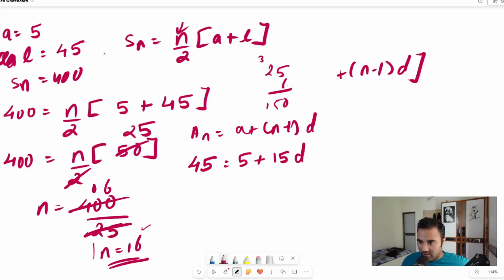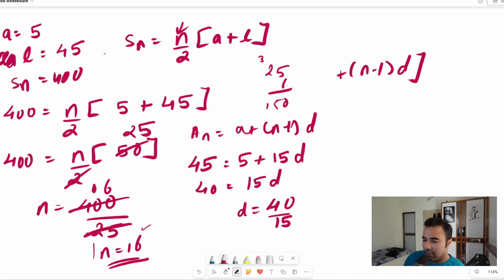Last term is 45, first term is 5, so 40 is equal to 15d. d is equal to 40 upon 15. 5 threes are 15, 5 eights are 40. So d is 8 upon 3.